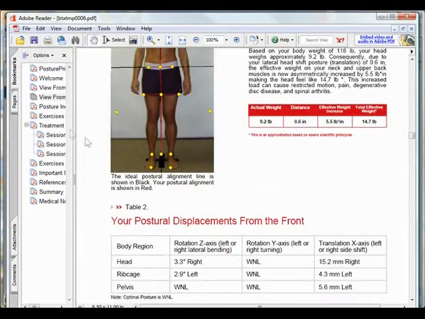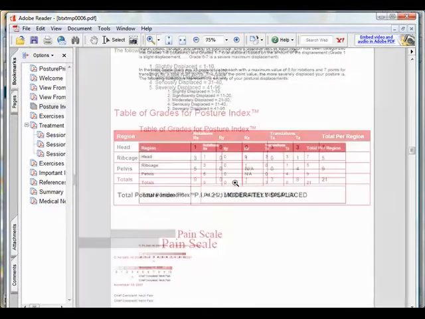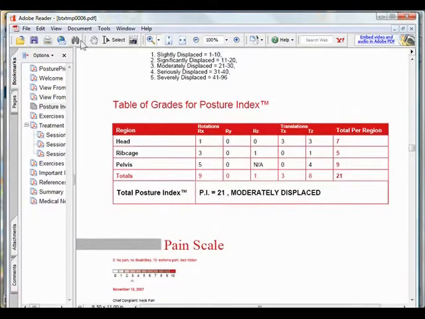Now, the posture index, which we go into in our seminars, how we derive this, and this is being written up again for another study. We're putting a numerical value on the displacements within the patient's max range of motion based on the literature, and assigning the number so they can understand exactly what their patient index is. So her patient index, or posture index, rates a 21, which is moderately displaced.